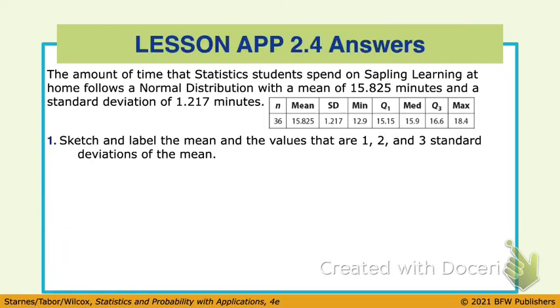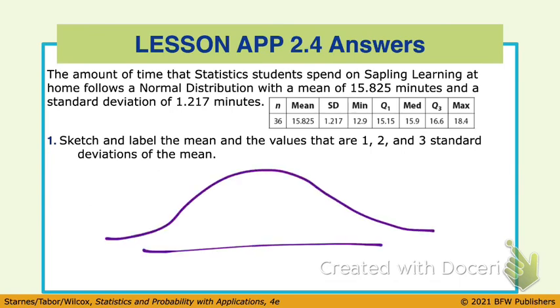That's the first thing we're supposed to do. So let's see if you did this. You made a distribution, yes? Woohoo! And you labeled the mean of 15.825, and then 1, 2, and 3. So what is the value for a student that spends more than one, or at 1 standard deviation above average? What is their value?